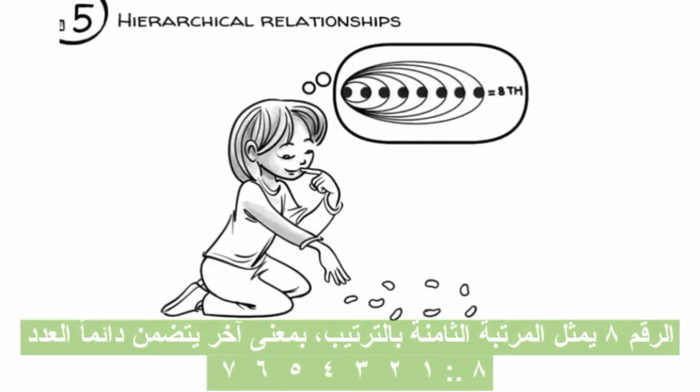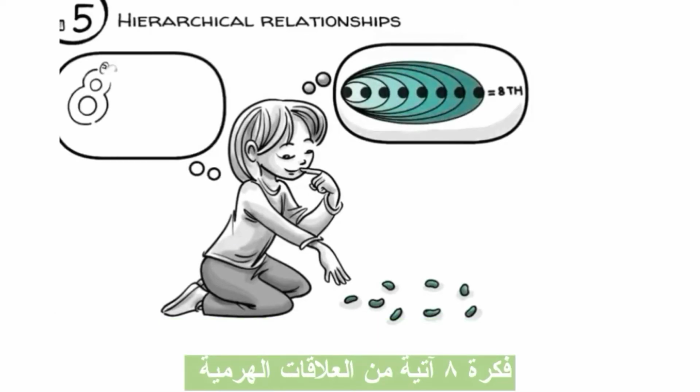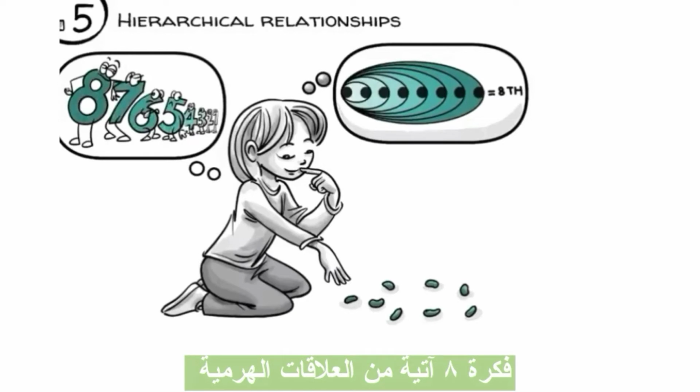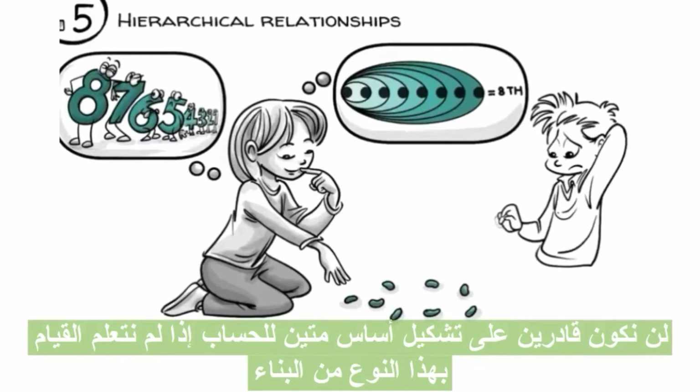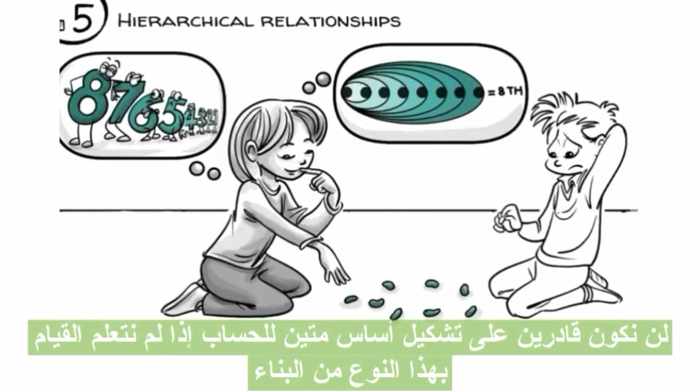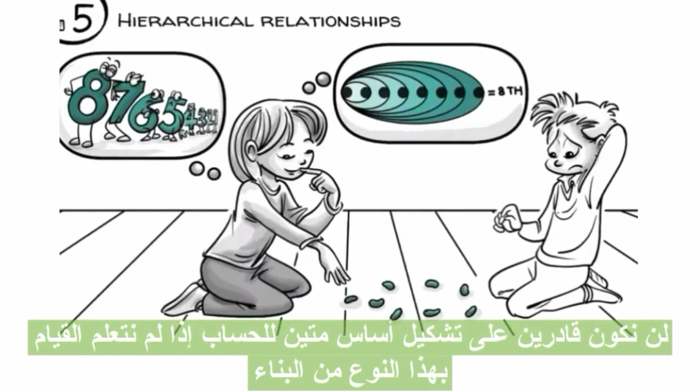In other words, 8 always includes 1, 2, 3, 4, 5, 6, 7. The idea of 8 is therefore a hierarchical relationship between the 8th object and all those preceding it. If we don't learn to do this sort of abstraction by doing lots of math in our heads, we won't be able to form a solid foundation for arithmetic.